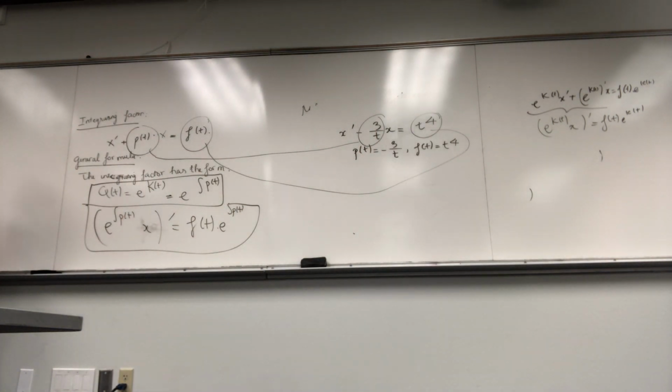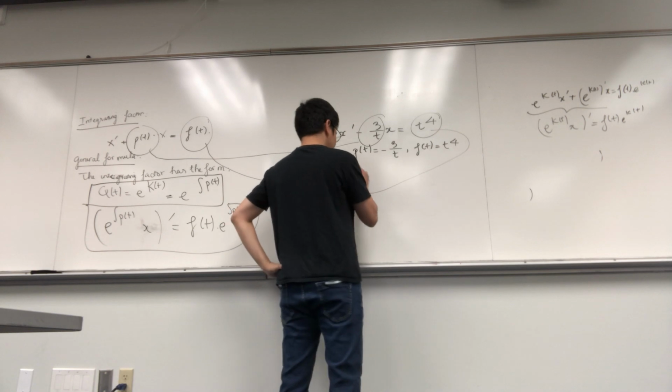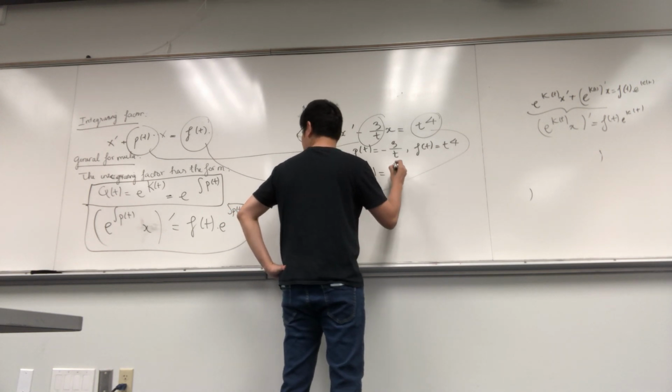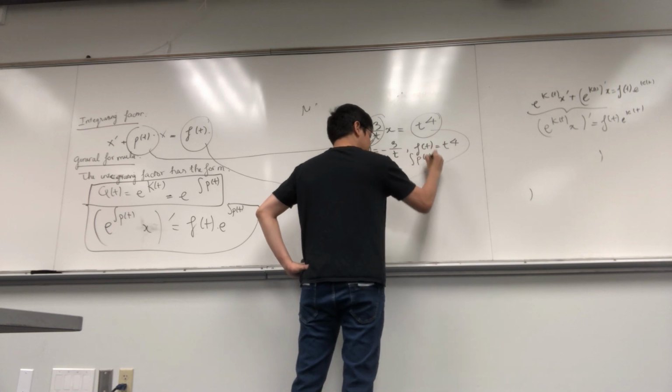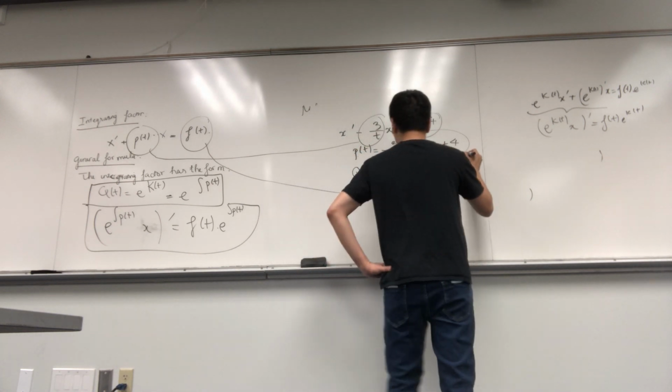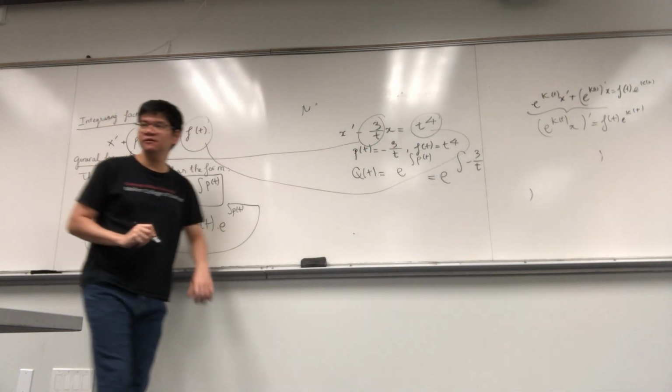Now, what is the integrating factor? It would be e to the integral of p(t), so it would be e to the integral of minus 3 over t. So q(t) in this case will be e to the integral of p(t). This is e to the integral of minus 3 over t. Right?